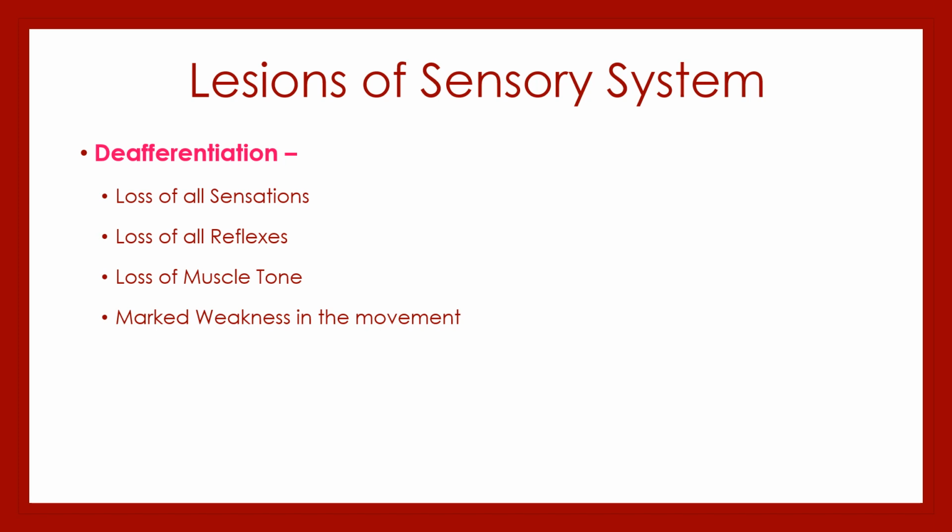Lesions of the sensory system of the spinal cord. Deafferentation, or the dorsal nerve root lesion. Injury to the dorsal nerve root produces the loss of all the sensations. Loss of exteroceptive sensations, conscious muscle sense, which will produce ataxia, loss of unconscious muscle sense.